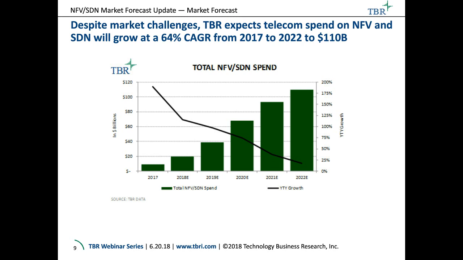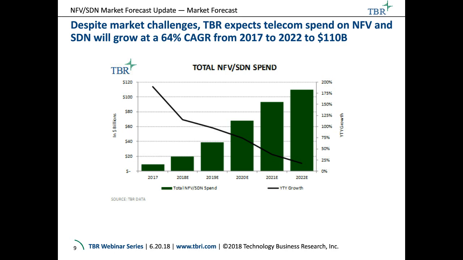Now, some people think that the spend is kind of high. So I do want to put some context around this number and why it makes a lot of sense. So global telco CapEx spend is around $340 billion a year, and it's going to be roughly flat over the next 5 years.